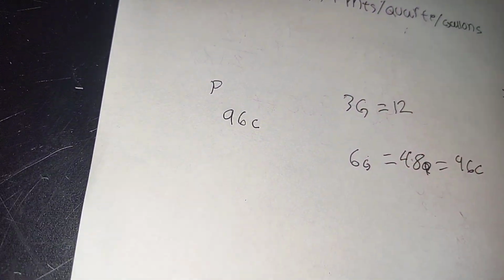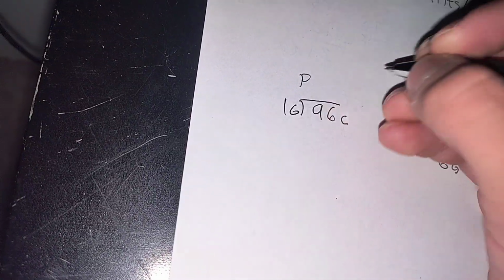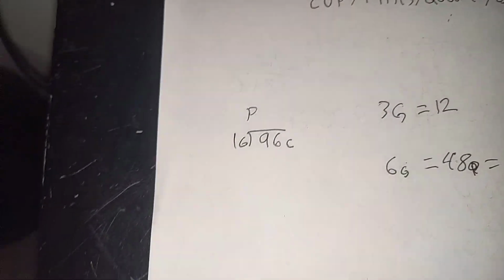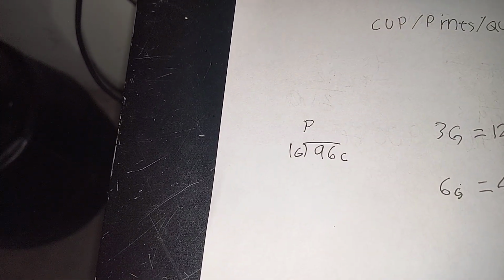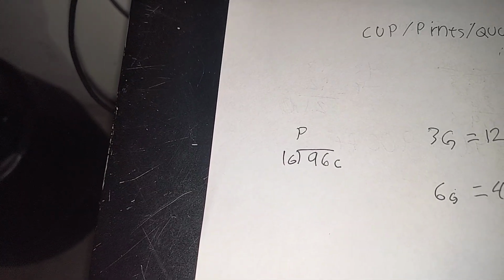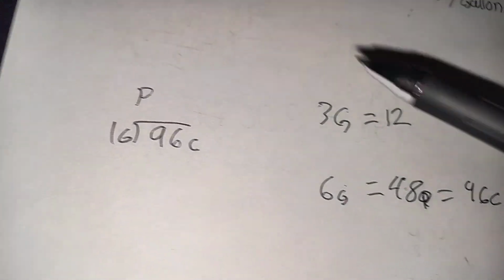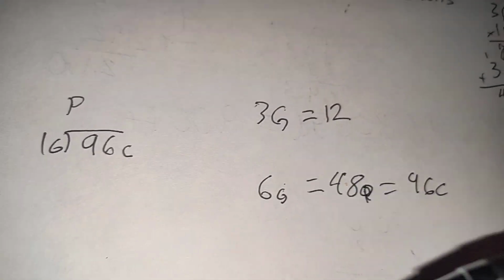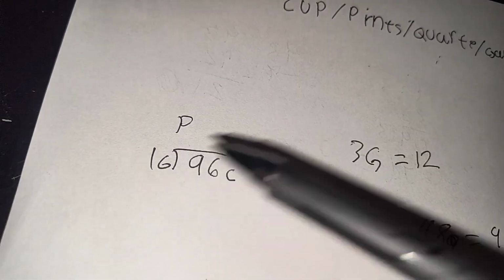If we divide 96 by 16, we just get... give me 1 second. I just realized it was right here. This was the answer the whole time. It's 6. So, yeah, 6.